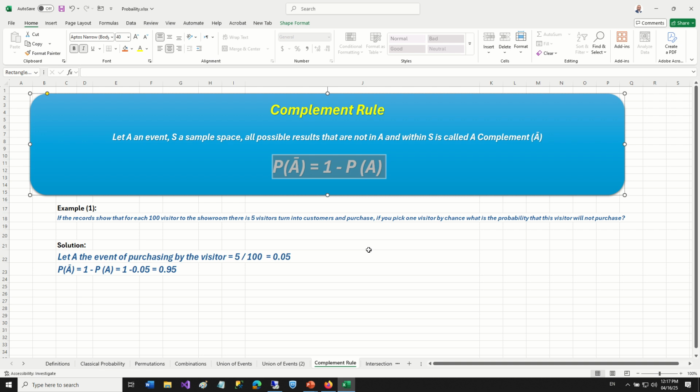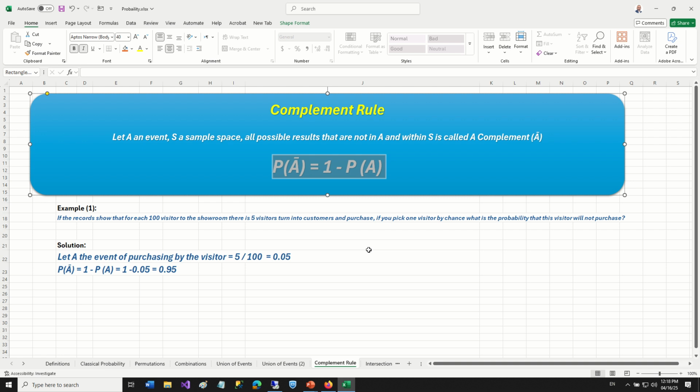So for example, if the records show that for each 100 visitors to the showroom, 5 visitors turn into customers and purchase. If you pick one visitor by chance, what is the probability that this visitor will not purchase?